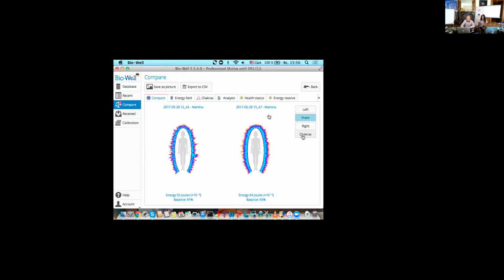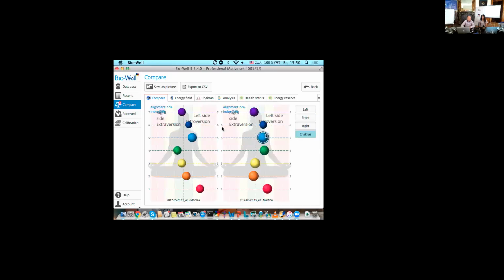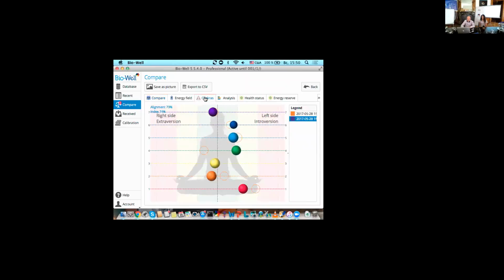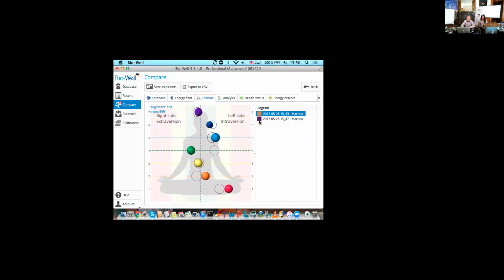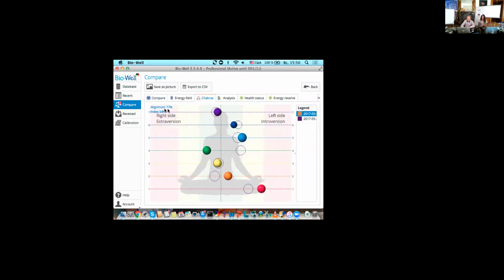If we go to the chart, very similar pattern, not a big difference. This time before and this time after. You see the difference. Before, alignment was 77%. After it is 79. So it's practically the same, just some variation.